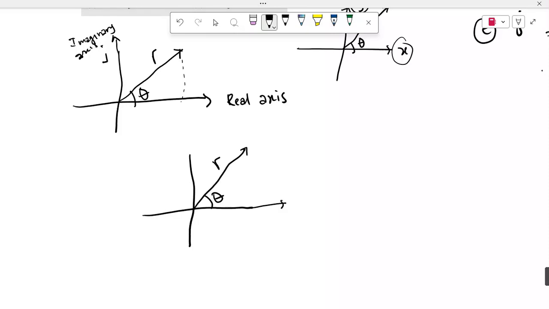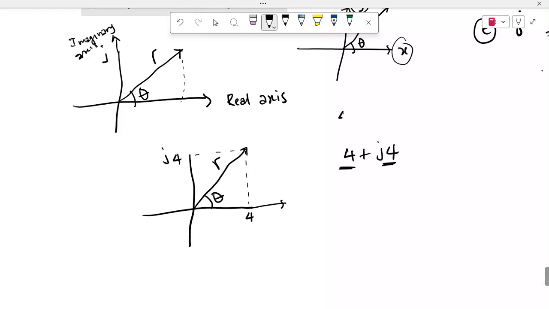So if you have 4 plus j4, it means your real number is this one. The one with the j is imaginary. So this is 4, then here 4j.